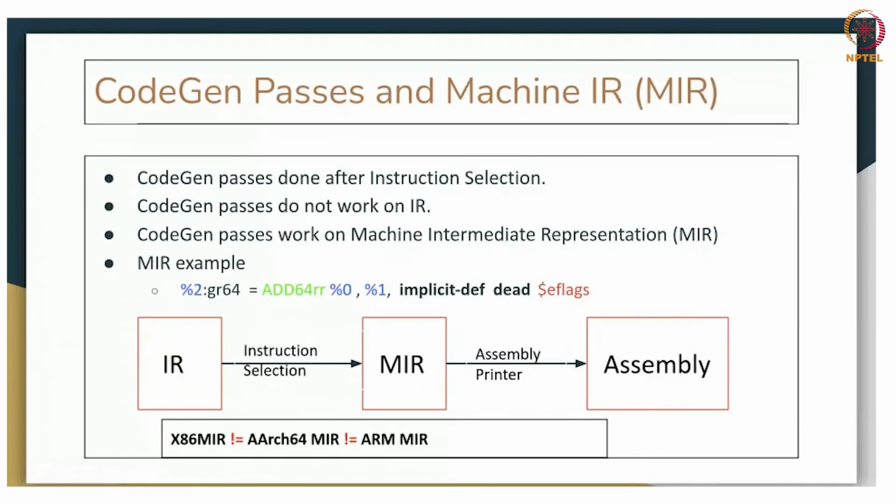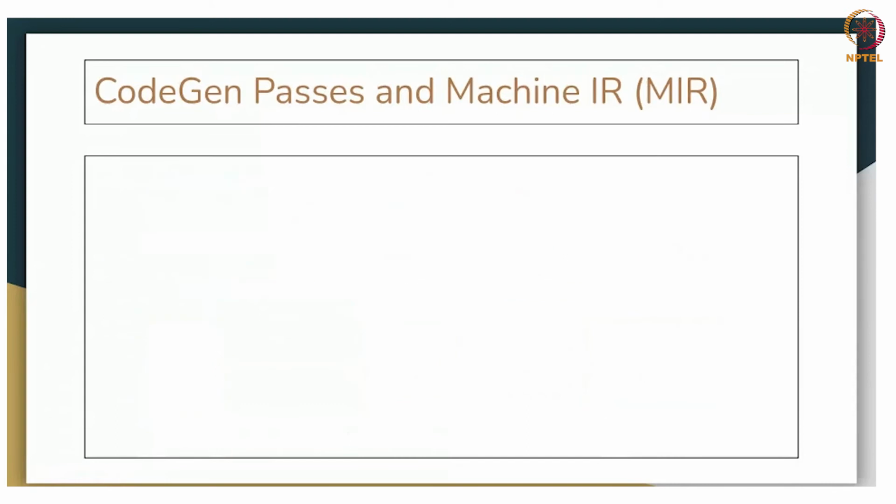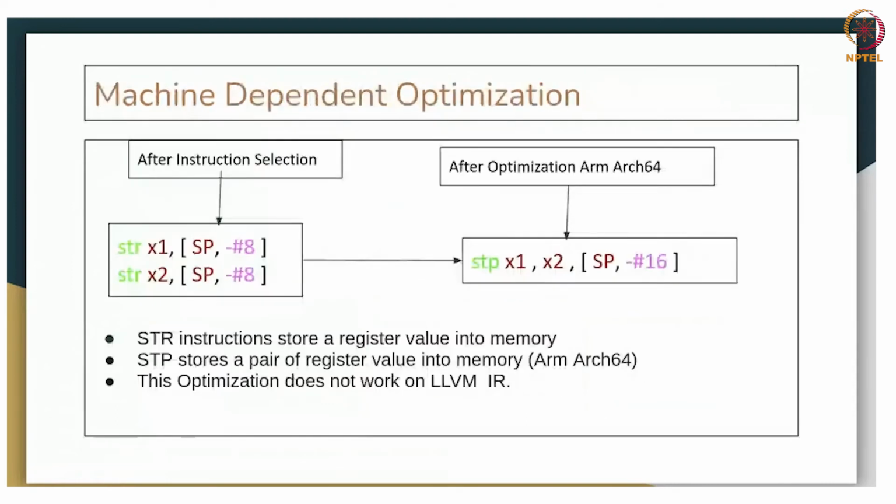Each architecture has its own implementation that is specific to that architecture. If you are familiar with any of the architectures, you can go through that code. It's already available in the LLVM source directory, in the lib target directory. So machine-dependent optimizations are possible.